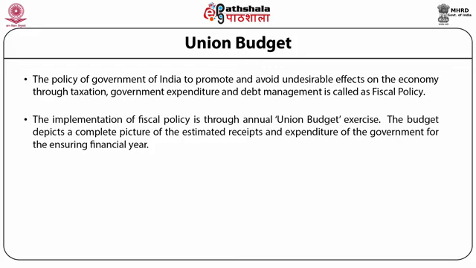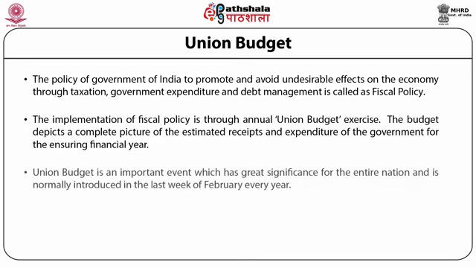The implementation of fiscal policy is through the annual budget exercise. The budget depicts a complete picture of the estimated receipts and expenditures of the government for the ensuing financial year. The Union budget is an important event which has great significance for the entire nation and is normally introduced in the last week of February every year.